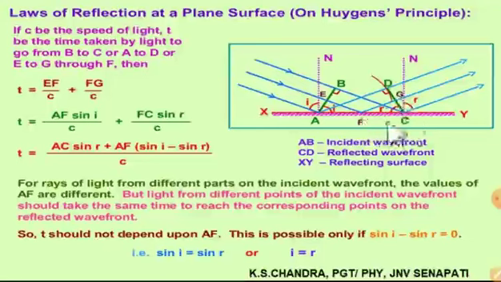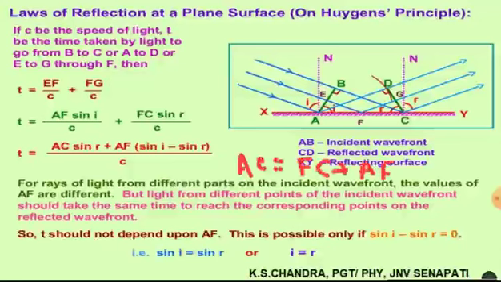Now we can express this FC in terms of AC and AF. We know that in this diagram, AC is equal to FC plus AF, right? So FC can be expressed as AC minus AF, right? Got it?